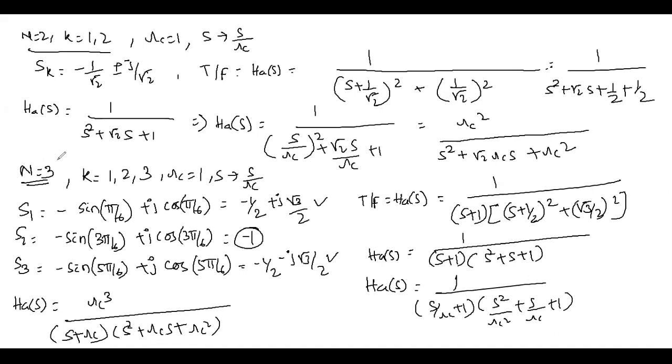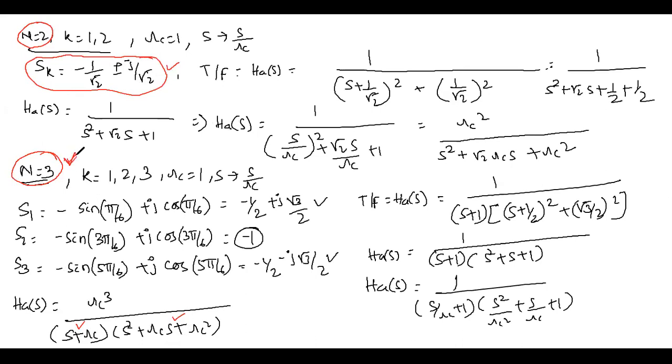Okay, now I have explained up to order 3. What you observe is, when n is odd, we are getting one pole at omega c, and the rest two are complex conjugates. Yes or not? When n is even, we are getting only complex conjugate poles. Yes or not? This is the observation. See, when n is even, we are getting only complex conjugate poles.